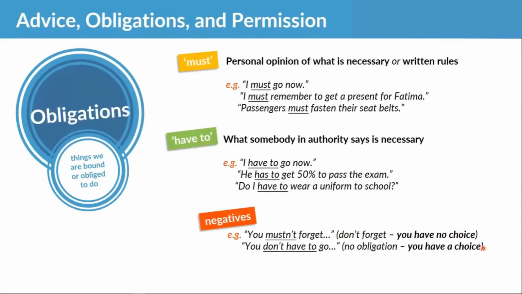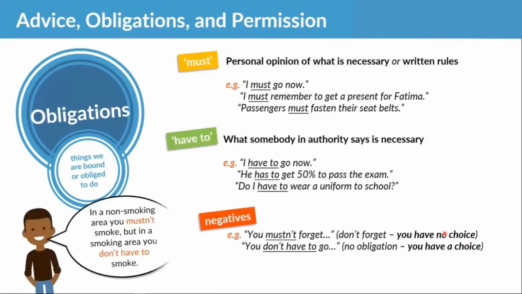If I said to you, you don't have to go to the party, you still can if you like. But if I say you mustn't go to the party, then you don't have a choice. And there's an easy sentence to remember which can help you remember this. In a non-smoking area, you mustn't smoke.